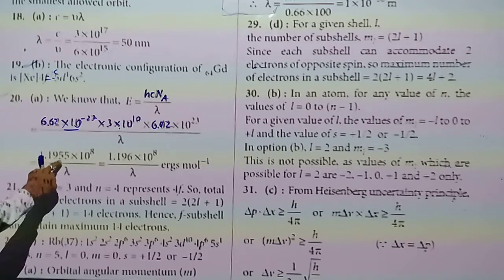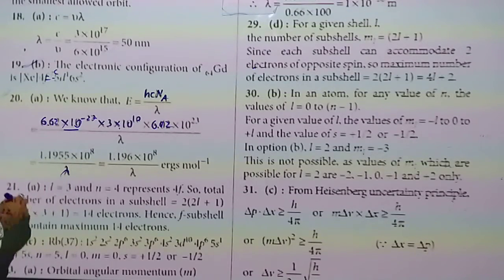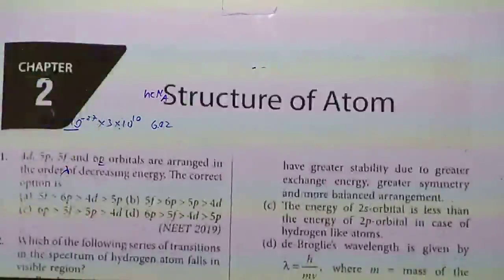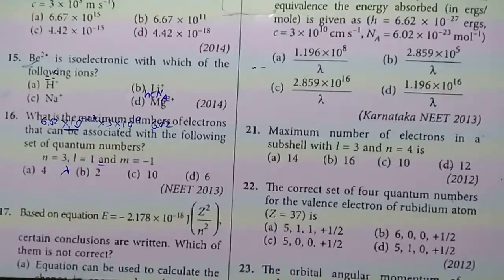So 1.1955 into 10 raised to 8 upon lambda. So 1.196 into 10 raised to 8 upon lambda erg per mole. This is our answer for question number 20.